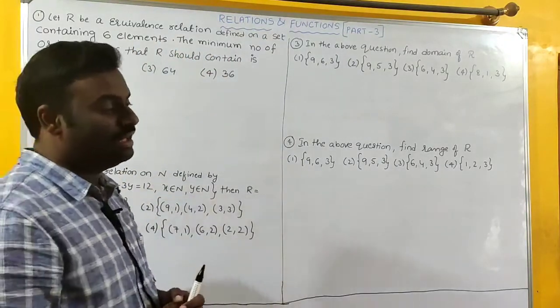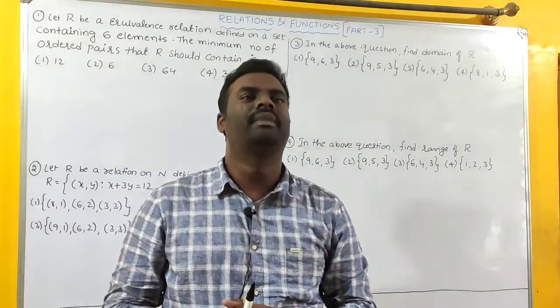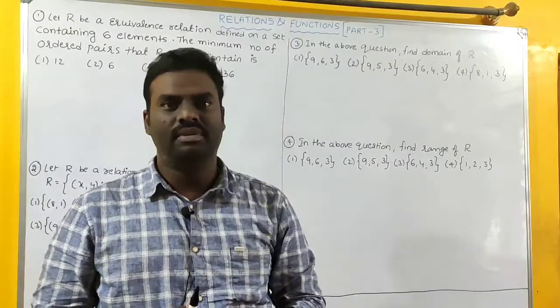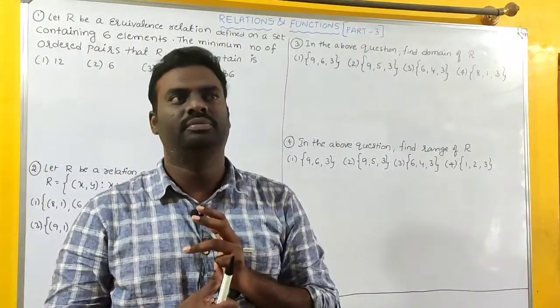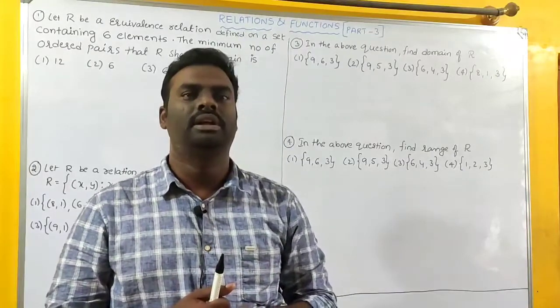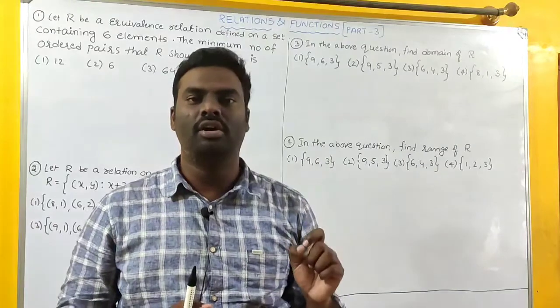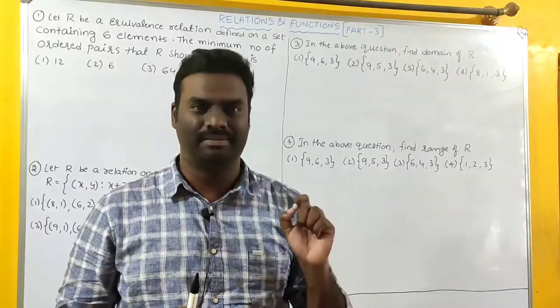See here, R is an equivalence relation means it satisfies reflexive, symmetric and transitive. So if it satisfies these three conditions, then only it is called an equivalence relation.